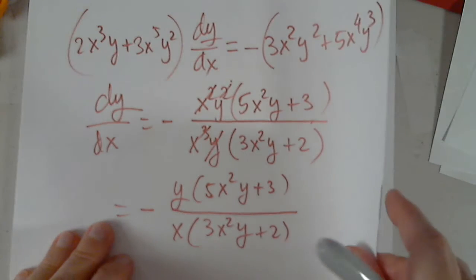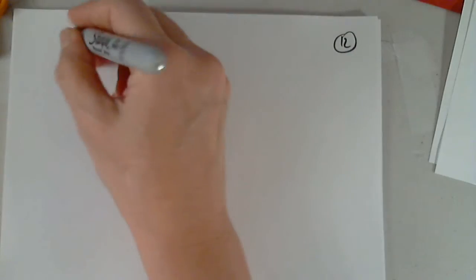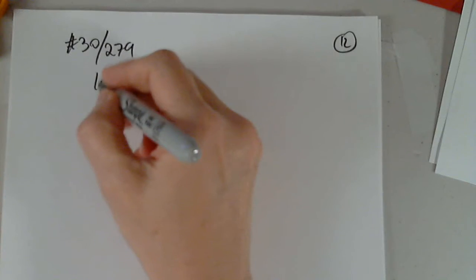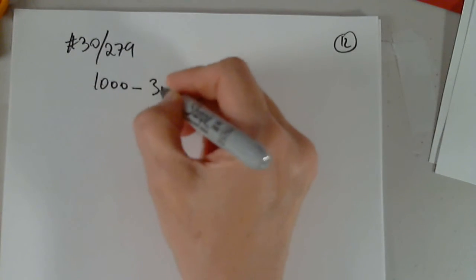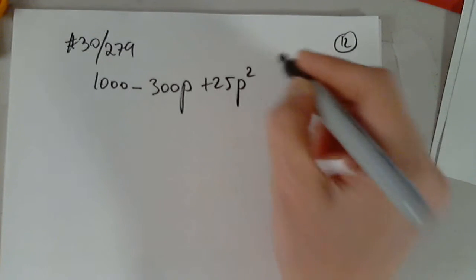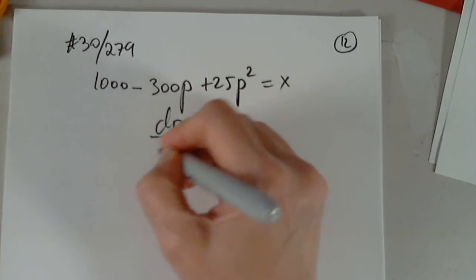Let's say 30 on page 279. So 1,000 minus 300p plus 25p squared equals x. And the question is asking us to find dp over dx.